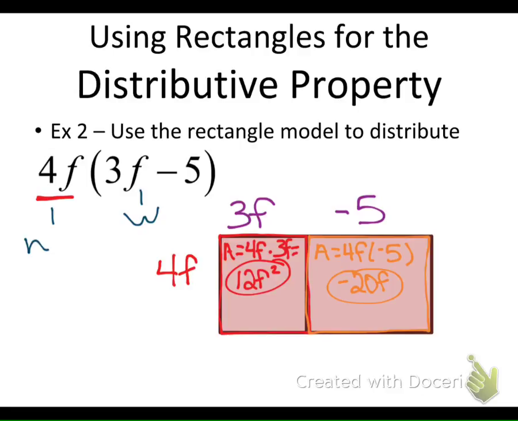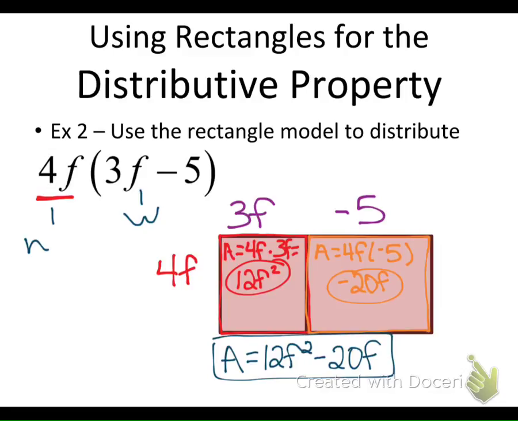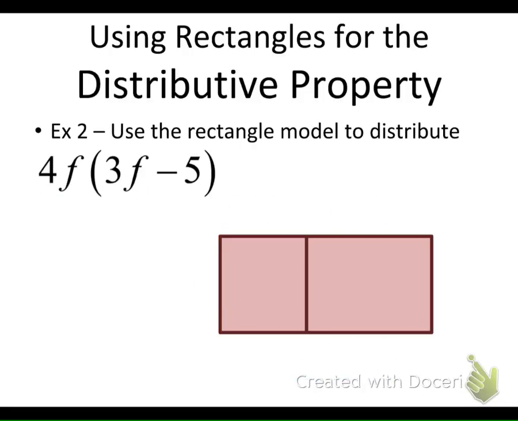When I'm writing the area for this, do I have like terms? No. So how am I going to write this? 12f squared minus 20f. And what do I do with my answer? Box it. Awesome job! You guys are amazing.